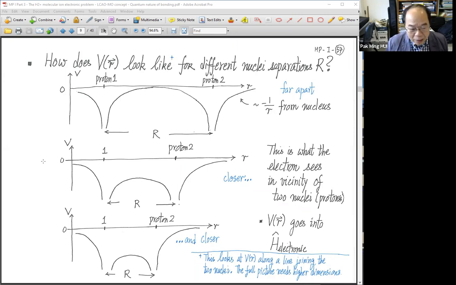So let's get on with our discussion of this H2 plus molecular ion. We are discussing the electronic part of the molecule problem. We want to see binding. That is to say, how come this binding curve with a minimum and a preferred separation could emerge from quantum mechanics.